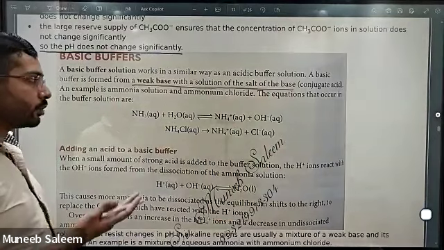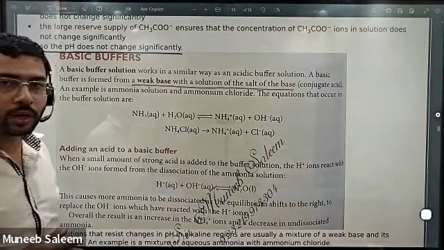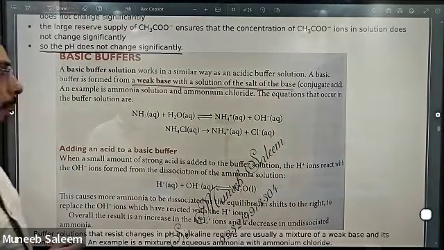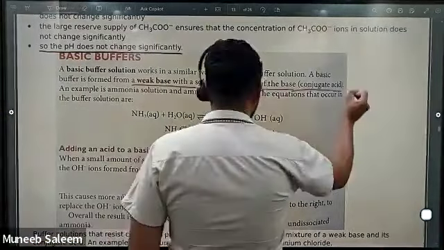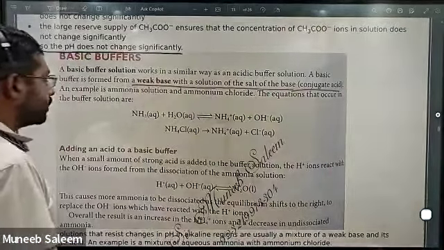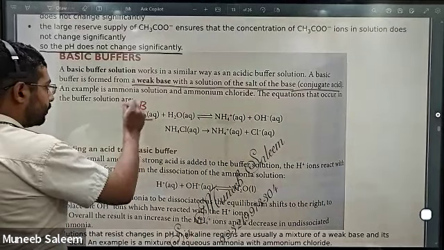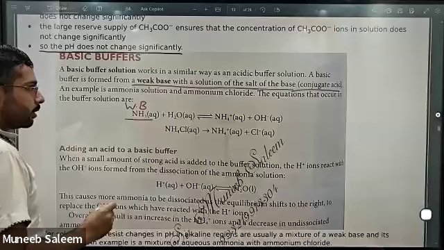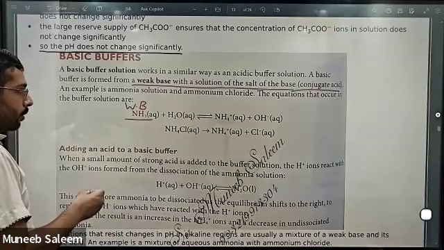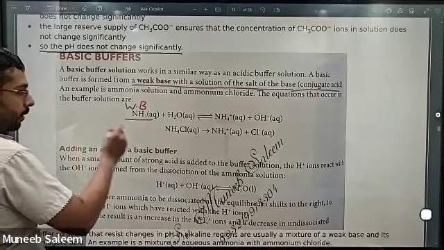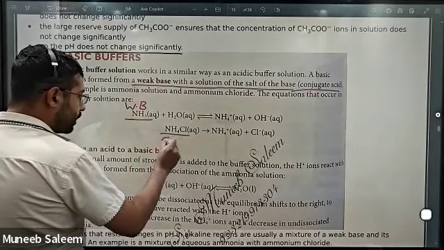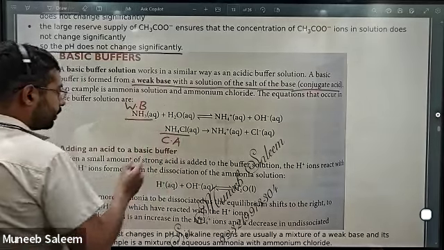We can write it as conjugate acid, or you could write the salt of the base. Now the example included is ammonia, which is a weak base. WB means weak base. And the conjugate acid of this ammonia is NH4Cl. This is the conjugate acid of the ammonia.